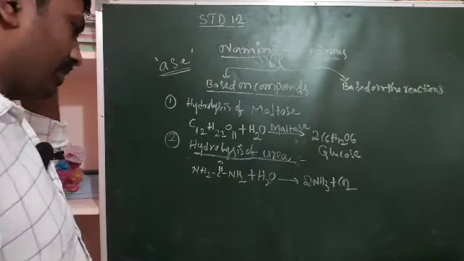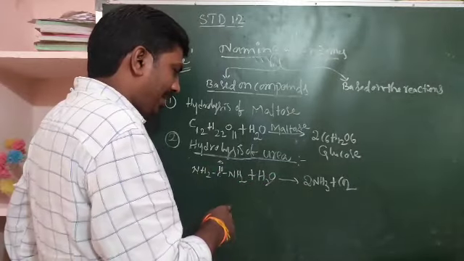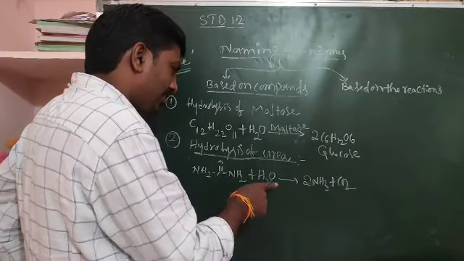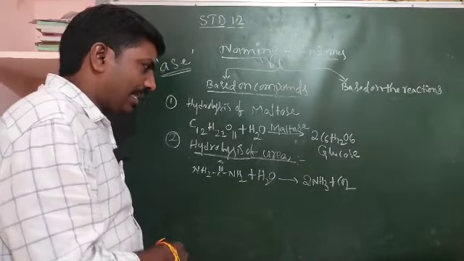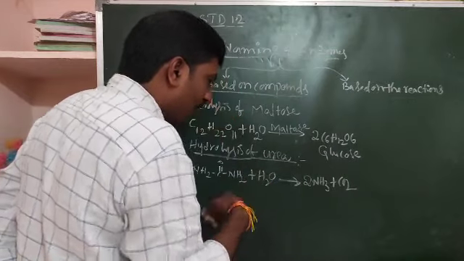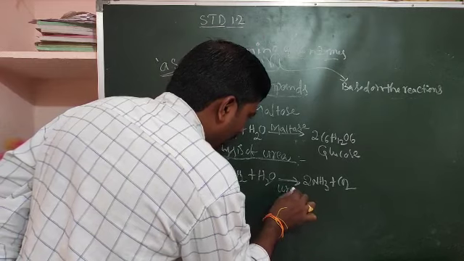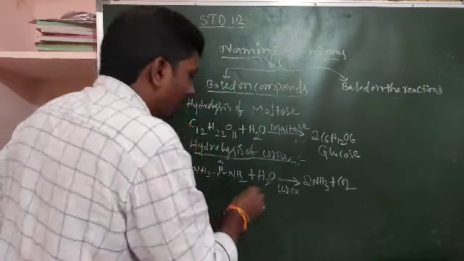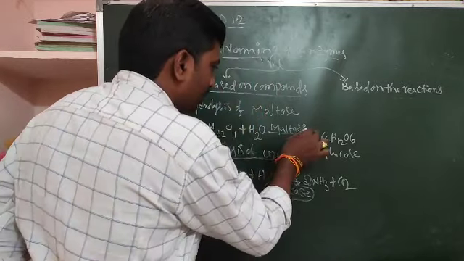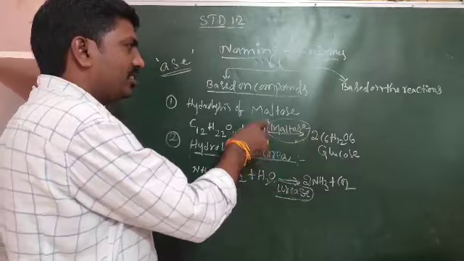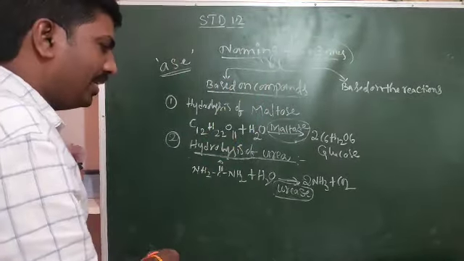Checking the balance: one C and O in CO2, and 2 NH3 gives 6 hydrogens and 2 nitrogens, so it is a balanced reaction. Here we want only the catalyst name, which is urease, ending in ASE. This catalyst is an enzyme. Based on the compound name, the enzyme name comes.